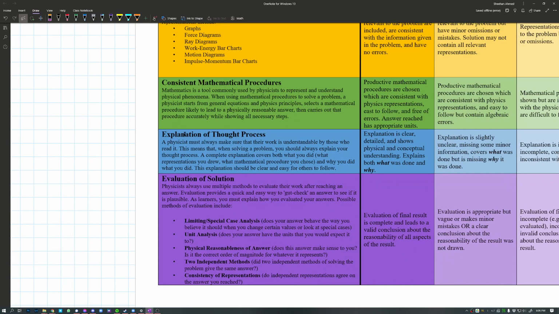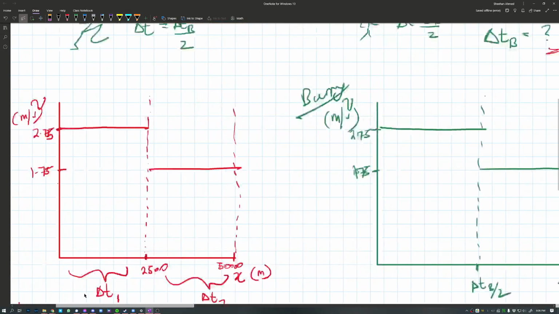Physicists must always make sure that their work is understandable by those who read it. This means that when solving a problem, you should always explain your thought process. A complete explanation covers both what you did, so, what representations did you draw, what mathematical procedure you chose, and why you did what you did. This explanation should be very clear and easy for others to follow. So what I did and why I did it.